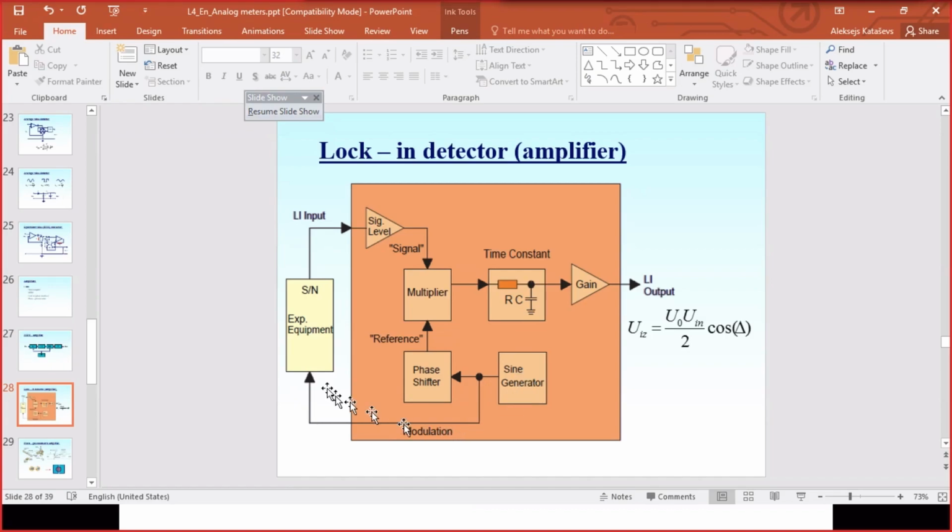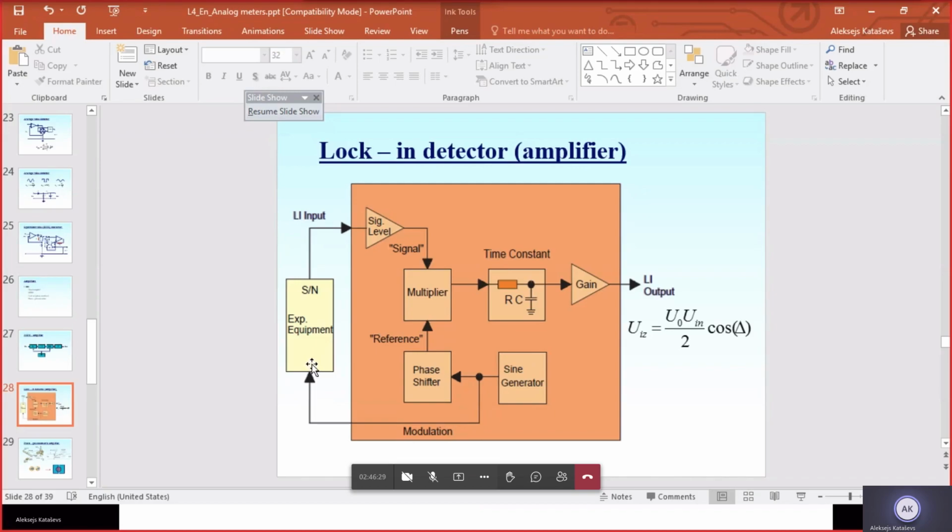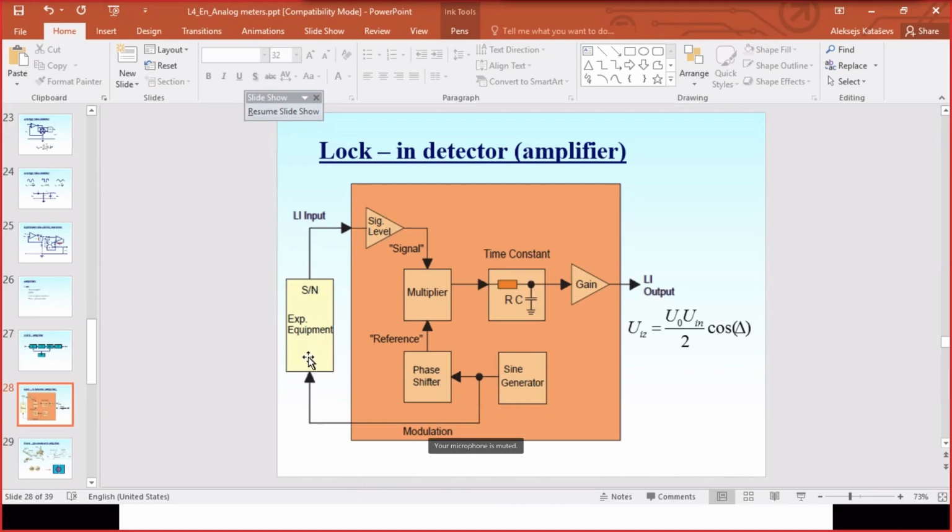Of course, we probably need some actuator between the sine generator and the experimental equipment. But the goal is to get the response modulated in the same sinusoidal way.